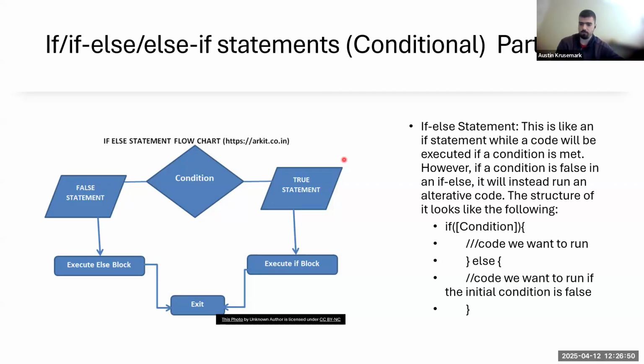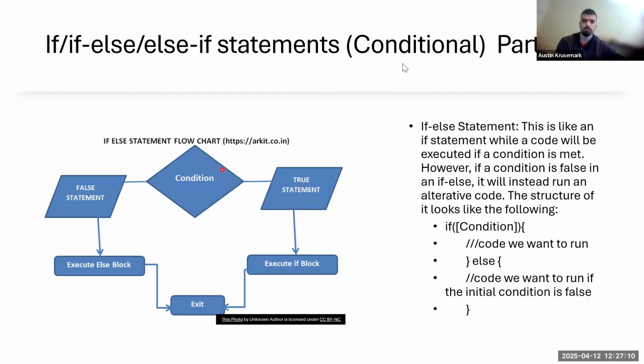To set it up, we set it up like we would with if, but after the closing bracket, we do else, and then another set of brackets, and inside that set, again, what we want the program to do if the condition is false.